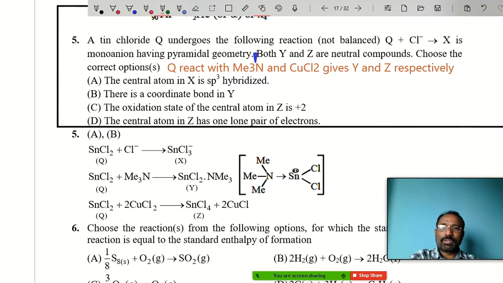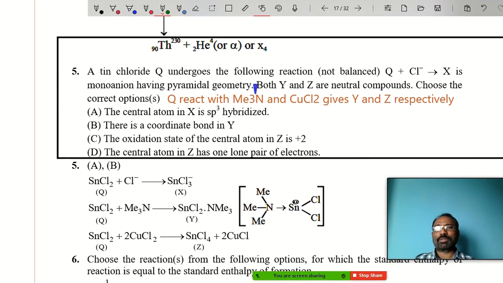Next, see question number 5. A tin chloride Q undergoes the following set of reactions. Q plus Cl minus gives X, a monoanion having pyramidal geometry. Q reacts with trimethylamine and CuCl2 to give Y and Z respectively. Both Y and Z are neutral compounds.